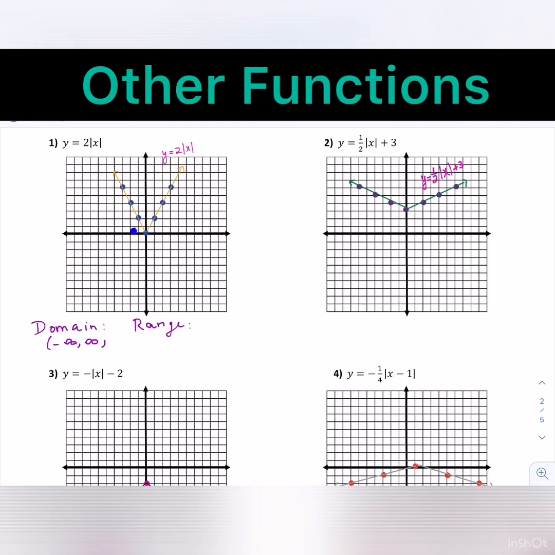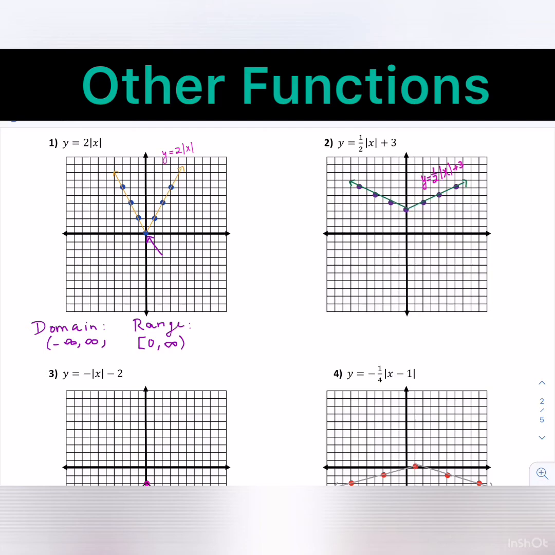What I want to do is zero in on the turning point. I need you to look at the turning point right here. Now, the smallest output you will see in this graph is 0. So that would mean that the range is from 0 to infinity. You may also write y is greater than or equal to 0 as well.